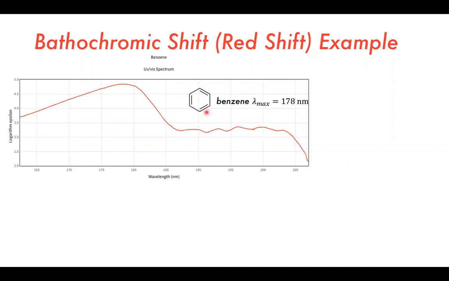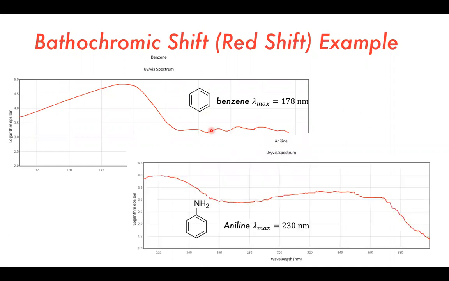What happens though if we change one of the hydrogens to an amine group? This is one of the chromophores that we talked about earlier, these amine groups. This is now something called aniline, and we've seen that the peak position shifts to around 220, 230.